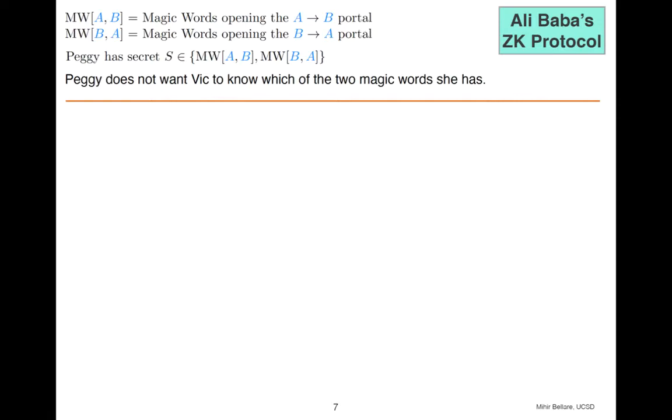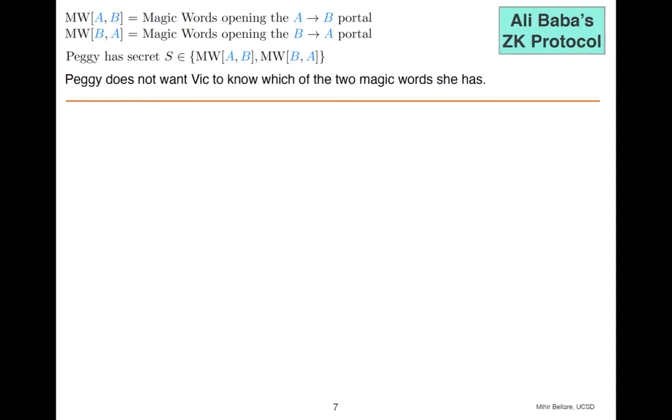You can go from either A to B through it or from B to A. And the magic words corresponding to those two directions are different. So there's a certain secret you speak to go from A to B and possibly a different one to go from B to A.